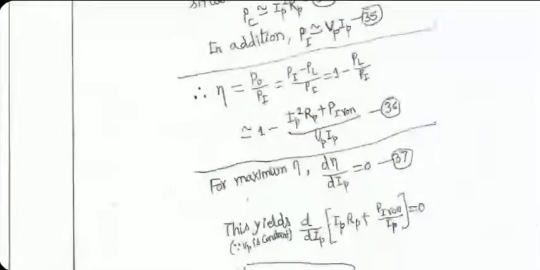Now I want to maximize eta with respect to IP. So what I do is I differentiate eta with IP and equate the result to 0. This is what I get.